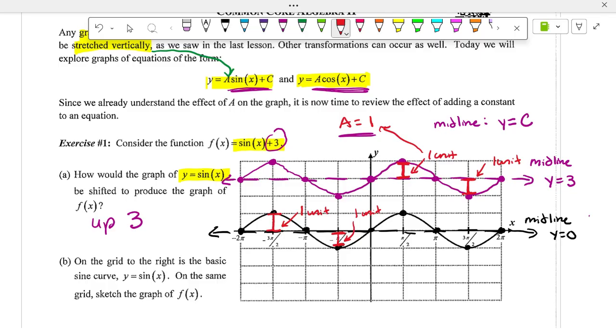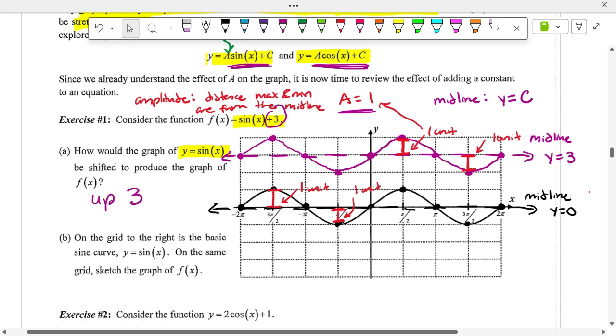So in other words, your amplitude is also the distance the max and min are from the midline. So that helps us with the next one.